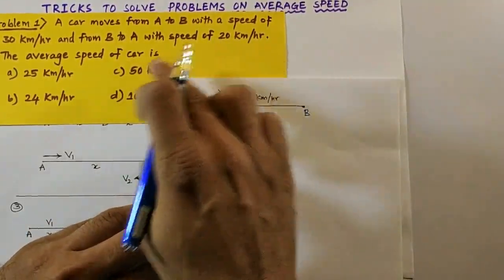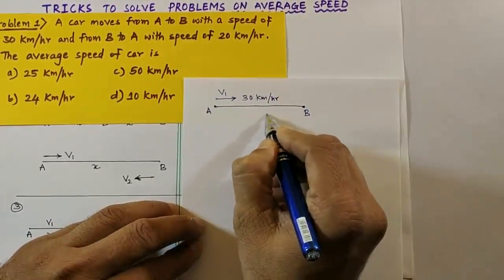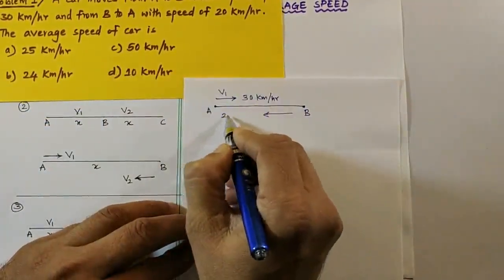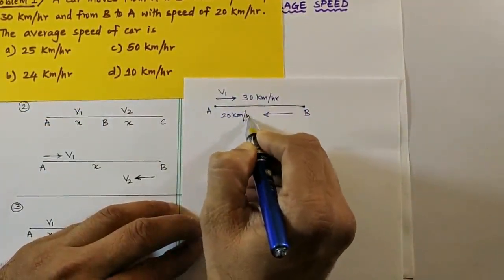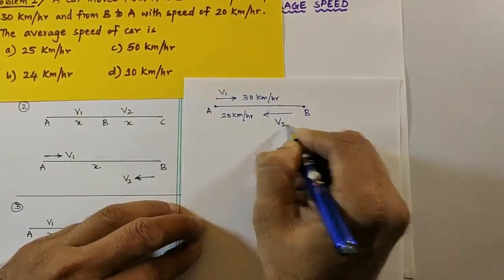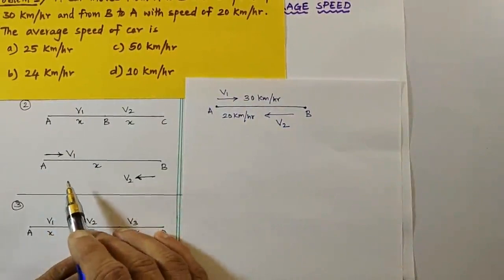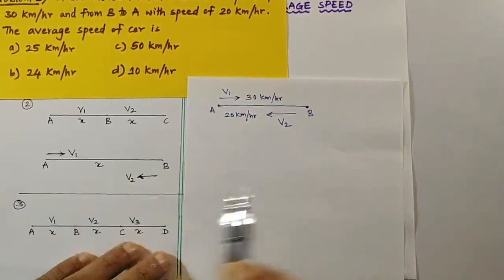From B to A with a speed of 20 km per hour, I will take this as v2. Then you are required to find the average speed. So it is the second case, that is A to B and B to A.